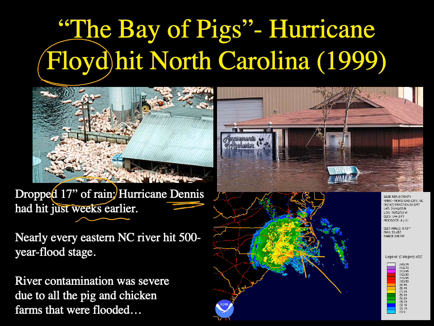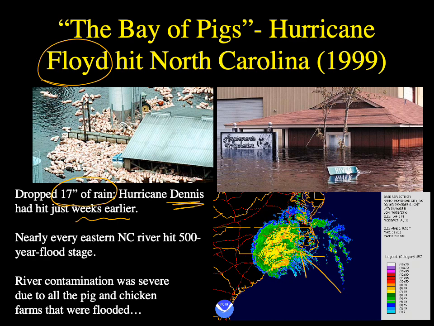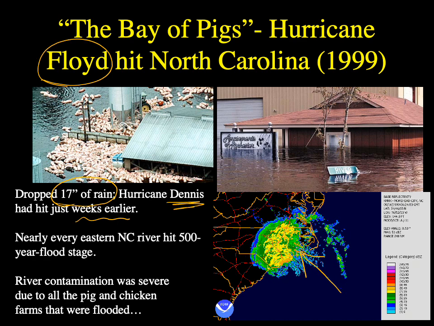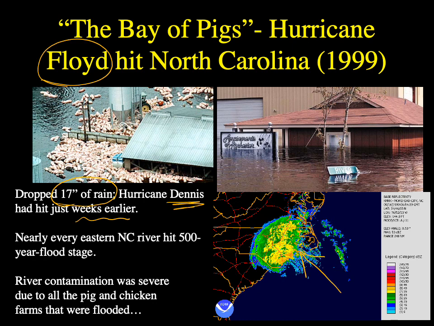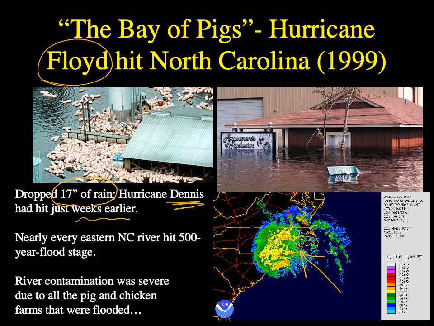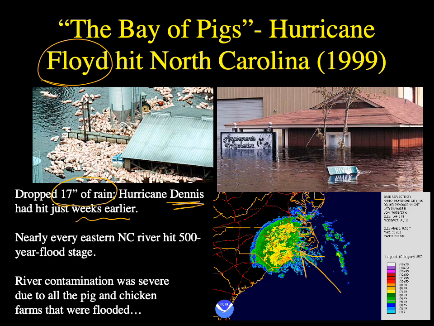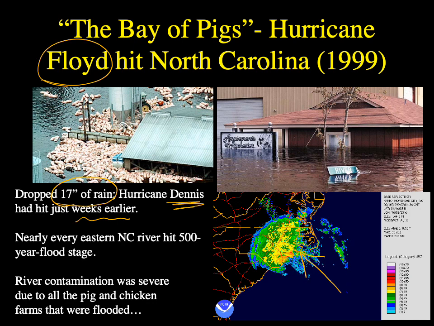Hurricane Dennis had just hit, and so all of the rivers in North Carolina were already significantly swollen, at capacity or over capacity. Then Hurricane Floyd came in as well. All the soils on the floodplains were already saturated. All of the rivers were already at bank full capacity.